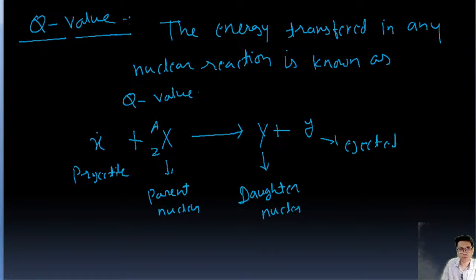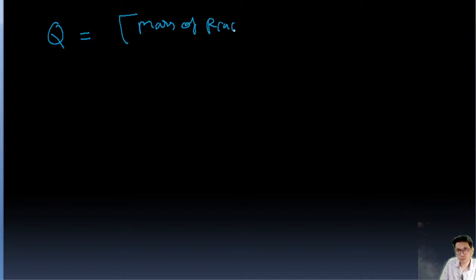Q value is going to be a very important formula. The energy transferred in a nuclear reaction is Q value. Q is equal to mass of reactant minus mass of product, into C square. Very important formula, guys.